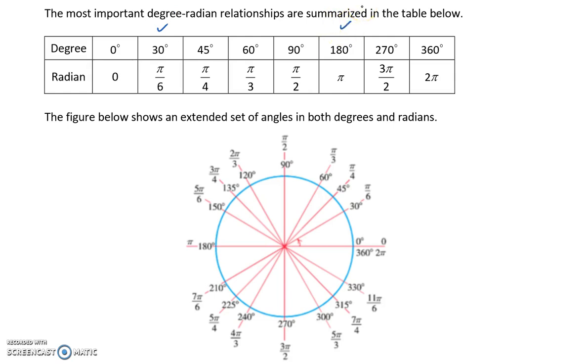We've already talked about that. 270 degrees, 3 pi over 2 radians. And finally 360 degrees, 2 pi radians.